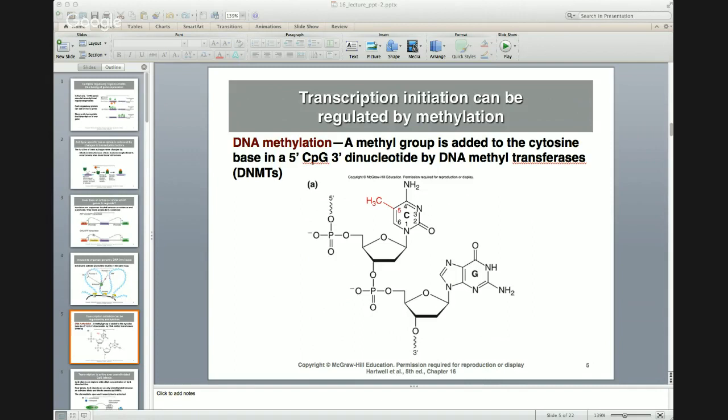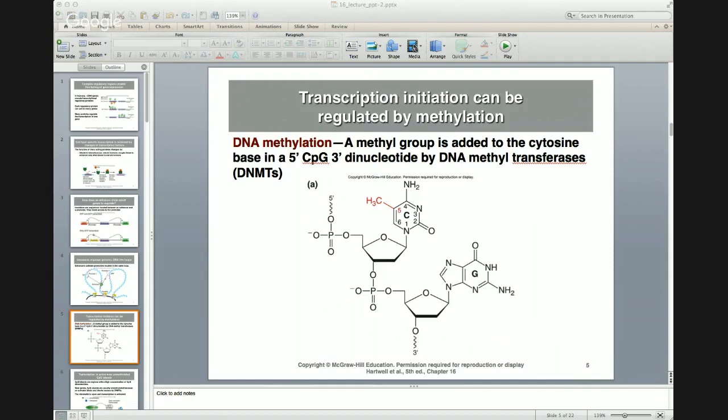The methylation is catalyzed by an enzyme known as DNMT, DNA methyltransferases. So DNA methyltransferase methylates the cytosine of CpG dinucleotides. In genes that are highly active, you will find CpG islands that are unmethylated.